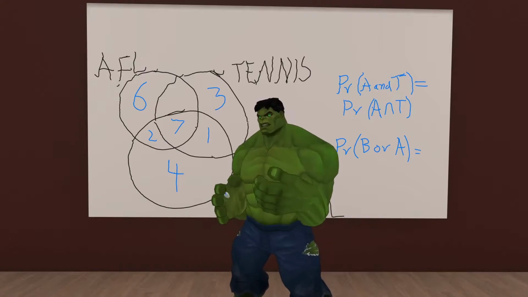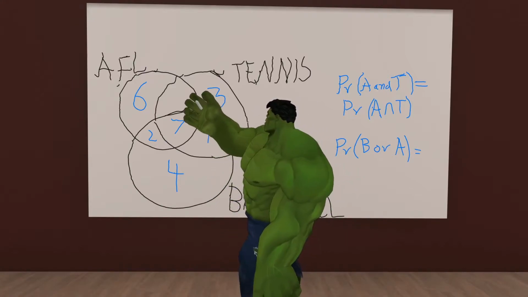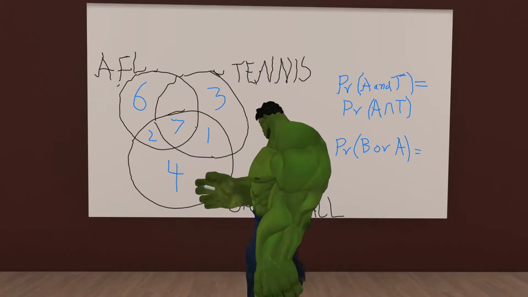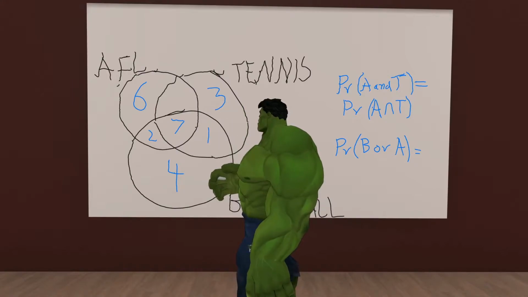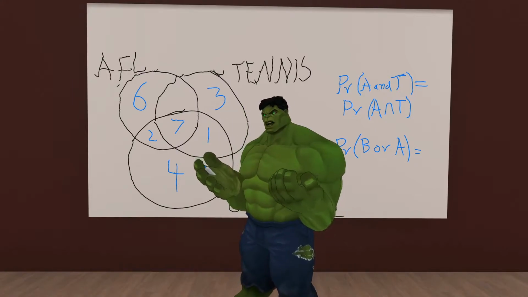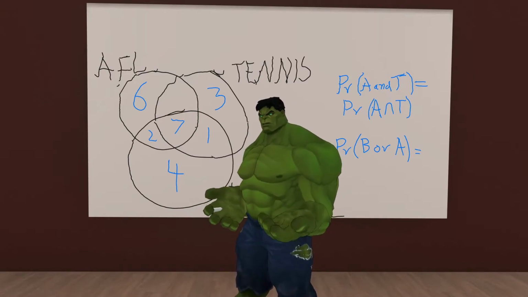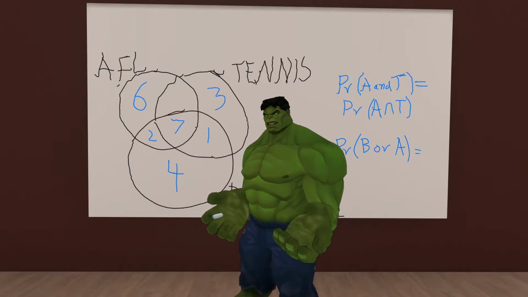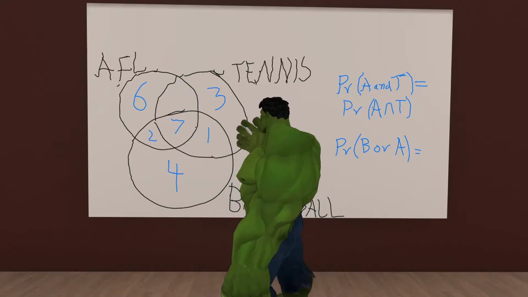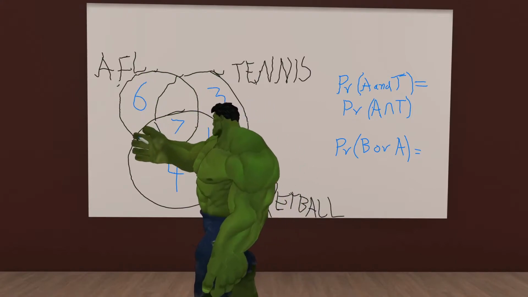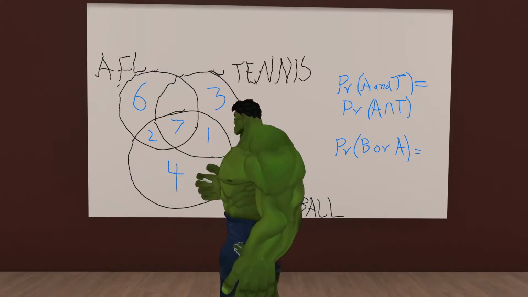So let's have a look at our Venn diagram. So we have AFL circle and we have the tennis circle over here. So what this is asking is how many people like both AFL and tennis. So we want them to be in this circle and this circle, but we don't want them to be in this circle.